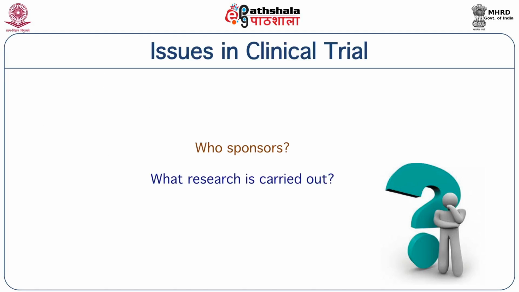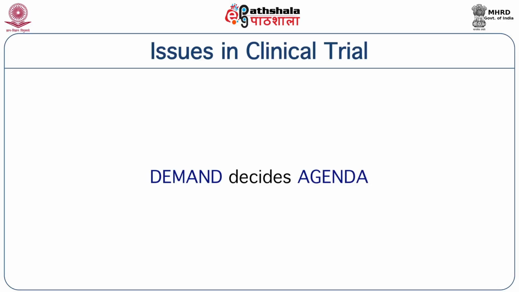When you look at the sponsors, the pharmaceutical companies, because they are investing a large amount of capital, they want the returns to be very secure. Therefore, most research agendas are decided according to the demand generated in different parts of the world.